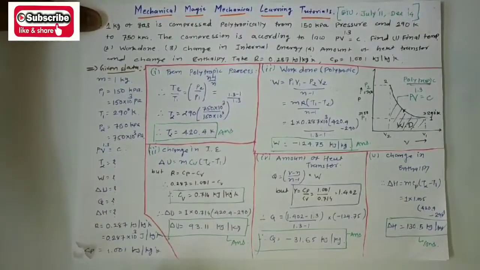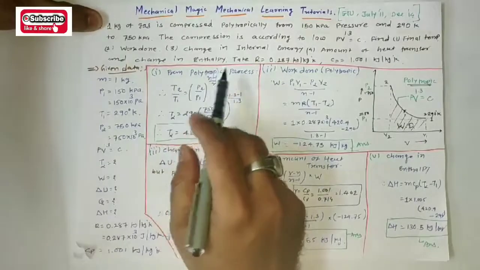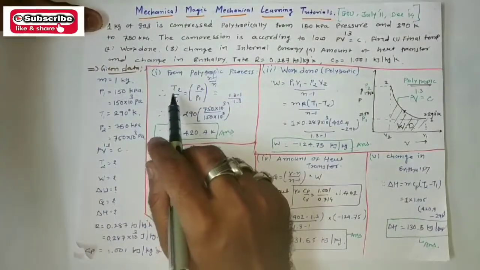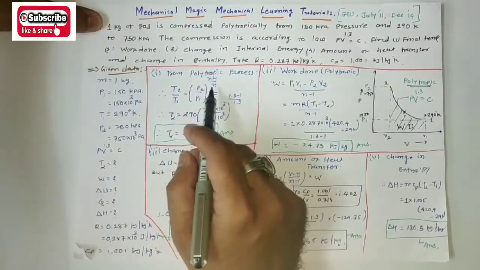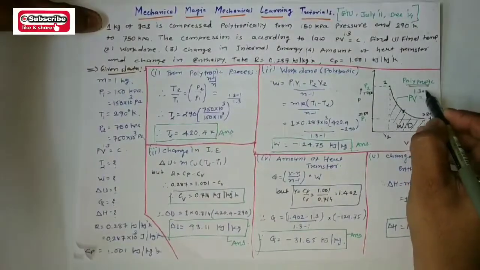So starting with the first one. From the polytropic process, taking the relation of temperature and pressure, T2 by T1 equal to P2 by P1 raised to n minus 1 upon n. The value of n you can find from here.